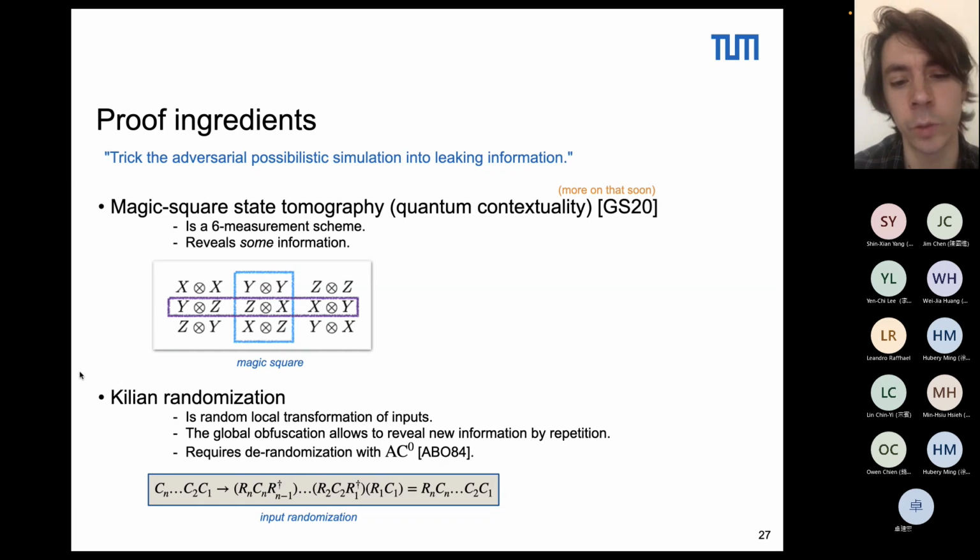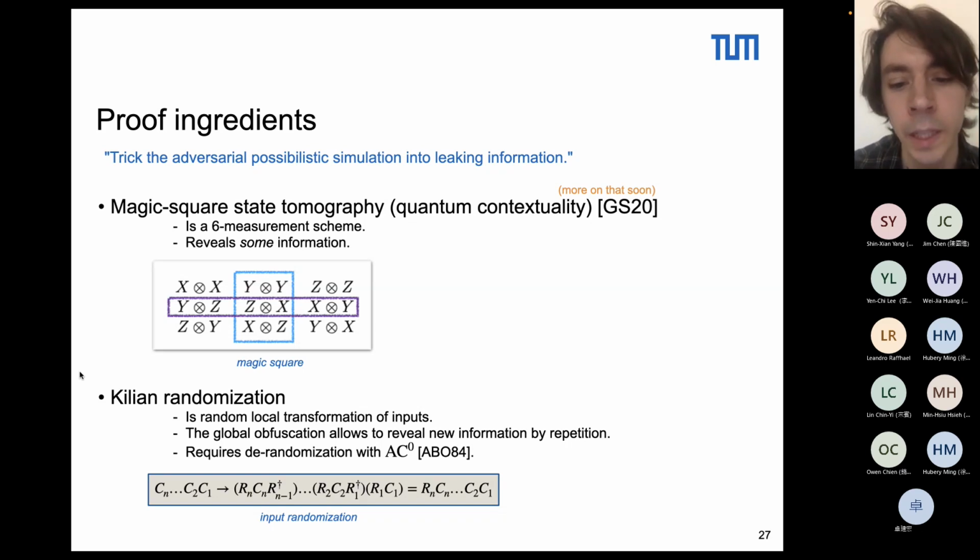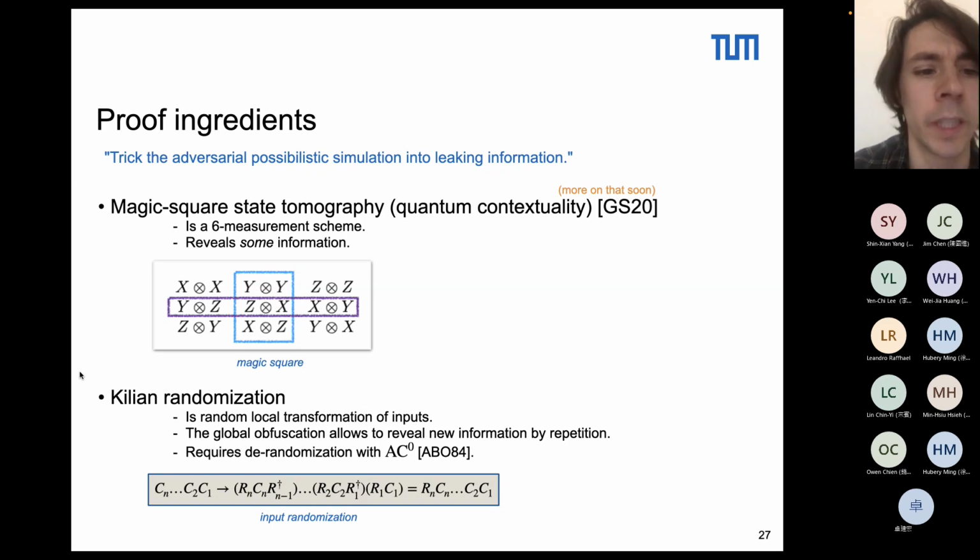The idea is that we can do a local transformation on all inputs, and this will give some global obfuscation that allows us to repeat the preceding step of magic square state tomography, but obtain new information. So the first step gives some information, and the second step allows us to amplify and gain more information until we get the information that we need to be able to discriminate the two states.